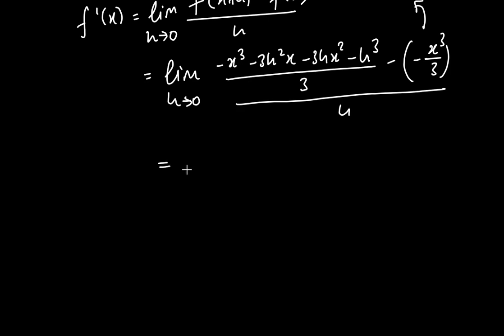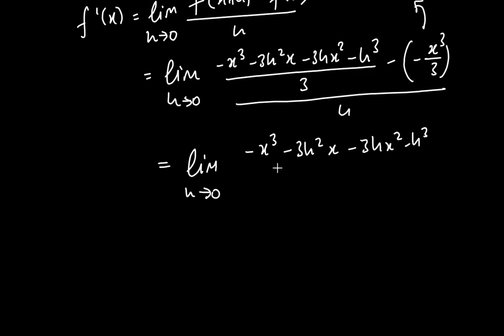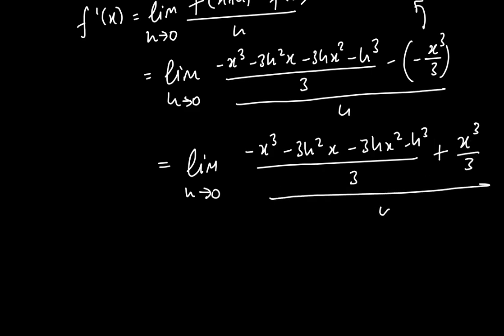So now we have the limit as h approaches 0 of this one. You can rewrite it as it is: negative x cubed minus 3h squared x minus 3hx squared minus h cubed, all divided by 3. The negative times negative is positive, so you have positive x cubed over 3, all divided by h.